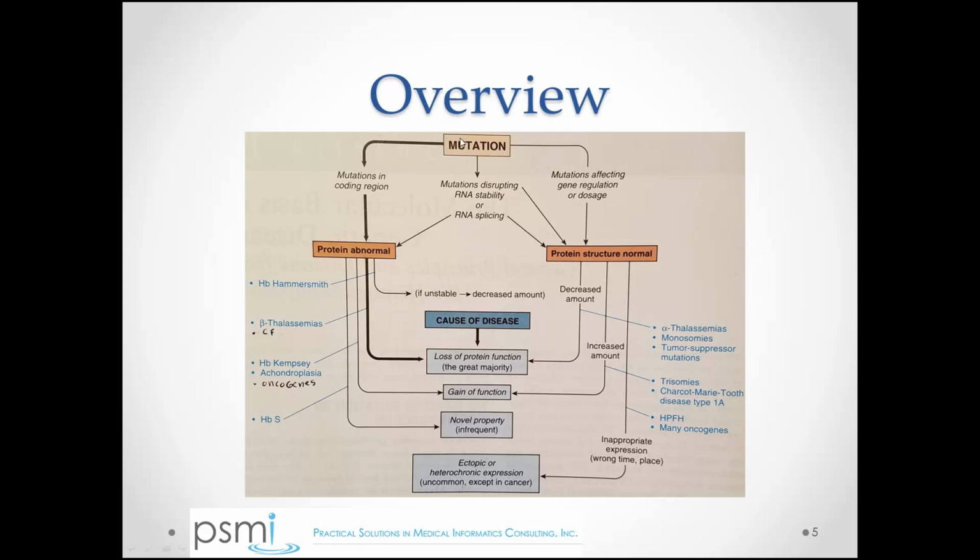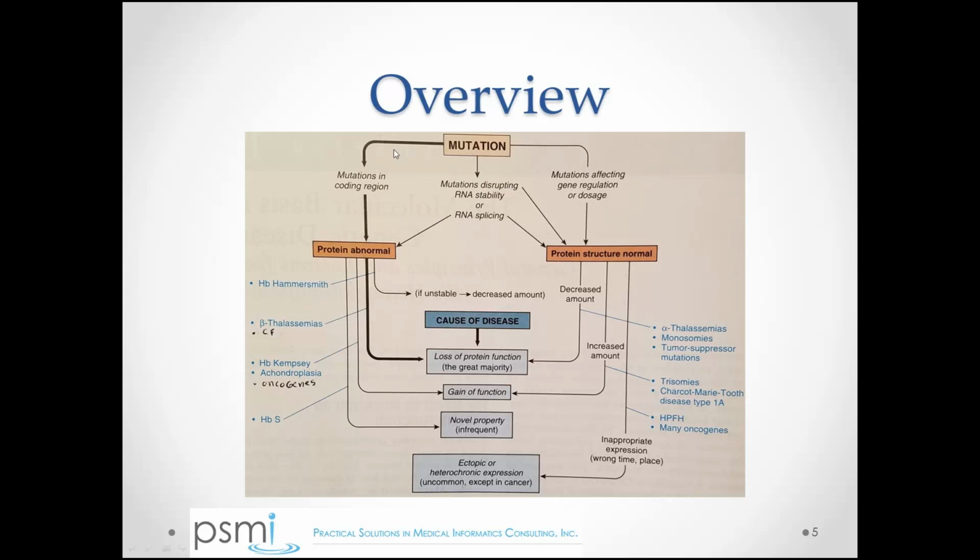What we'll see with genetic diseases is abnormalities that alter the protein, or alterations that have a normal protein structure but change the amount of the protein or allow that protein to be expressed in the wrong cell, for instance, or at the wrong time.